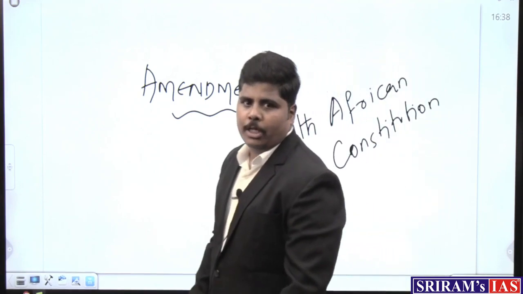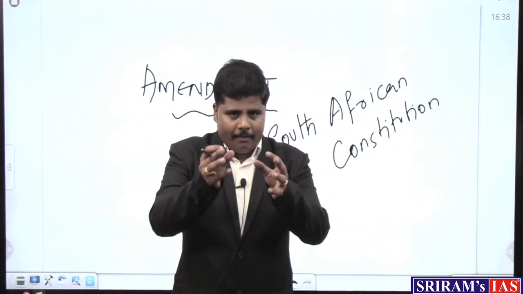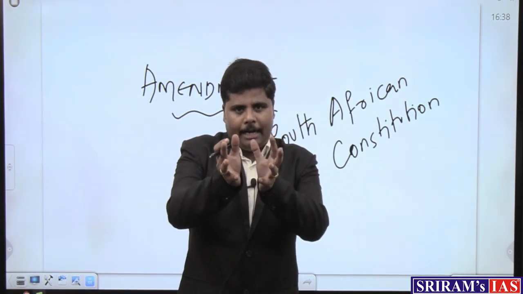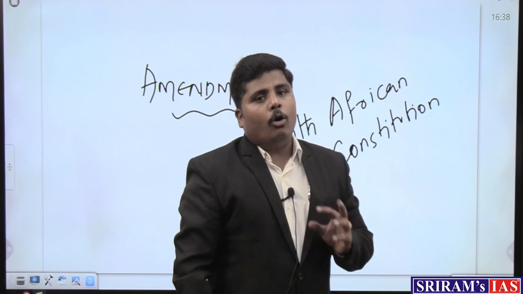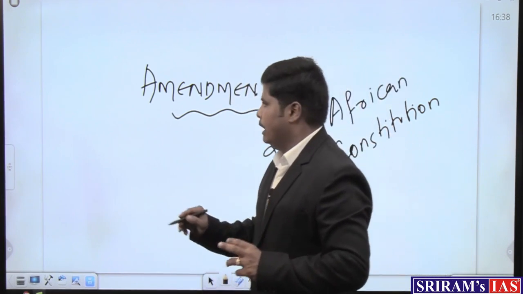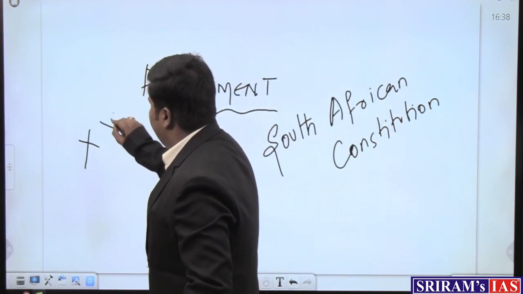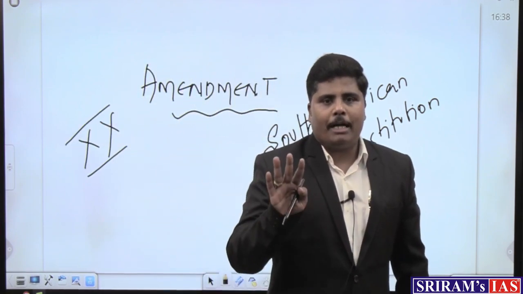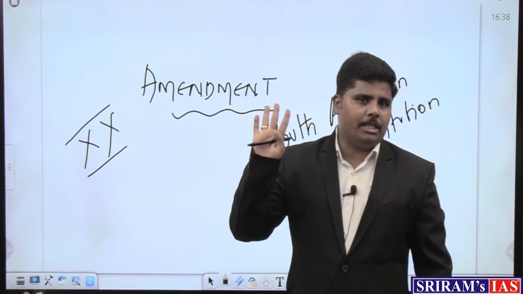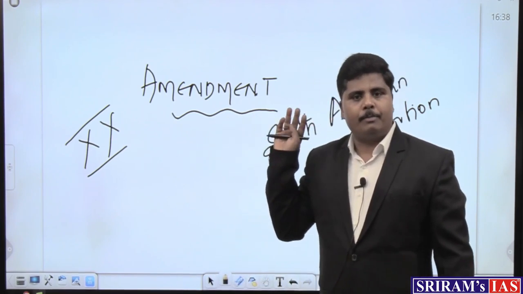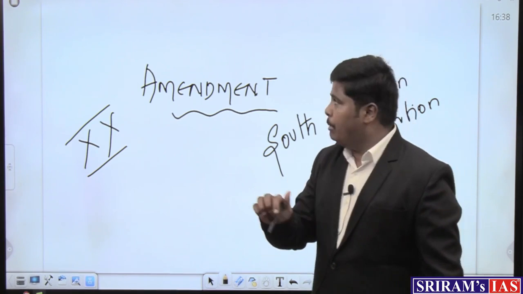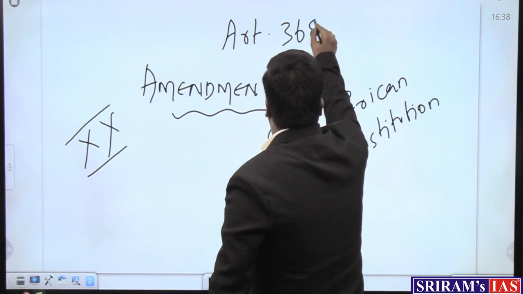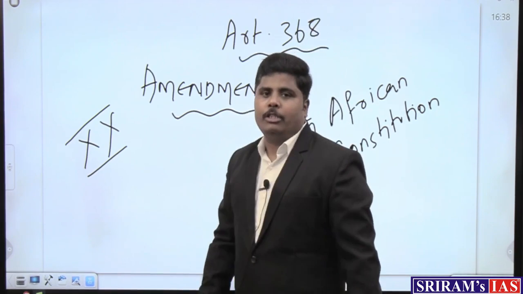The South African constitution is the base from which we have imbibed the content relating to the amendment procedure. On the other hand, in our Indian constitution, part 20 deals with the amendment procedure, and this has been borrowed from the South African constitution, and number 3, article 368 is all about the amendment in the constitution of India.